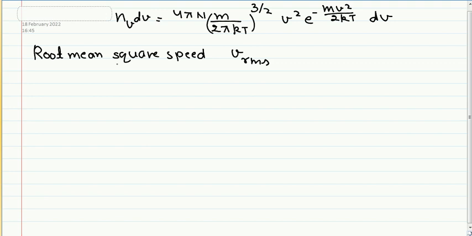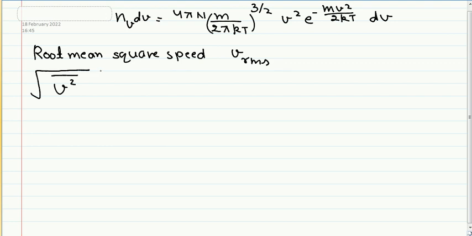First we have to calculate the square speed, meaning v square, and then mean square speed means we will take the average of v square, and then the root means we will take the square root of this. So it is the reverse process: the square of the speed, then the mean of the square of the speed, and then the root of the mean of the square speed. So it is known as the root mean square speed or V_RMS.